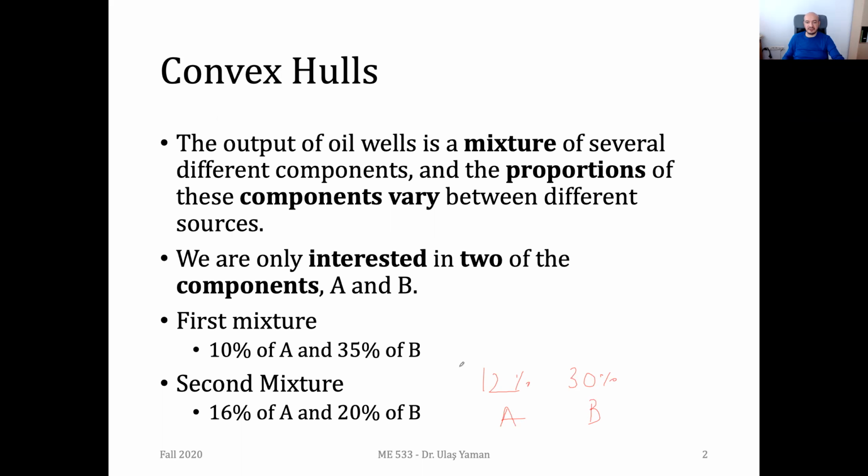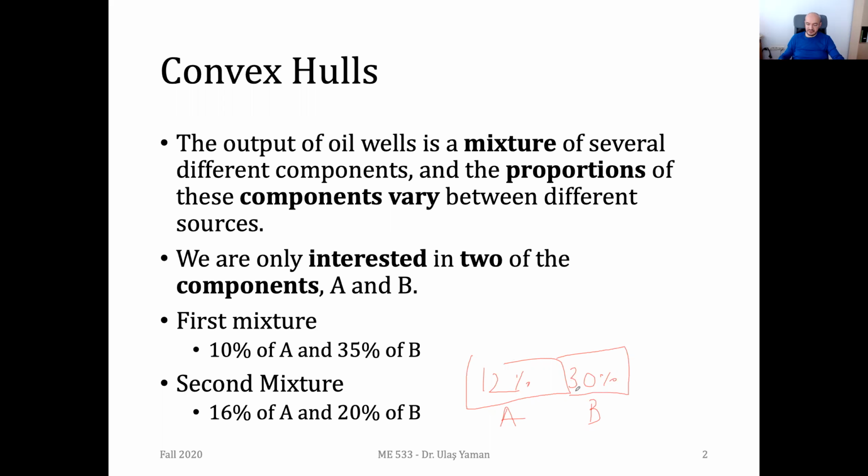Which amount should we have? Is it possible to mix these two oil wells so that the new mixture will have such a percentage for A and 30% of B?